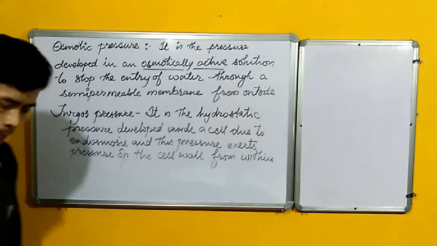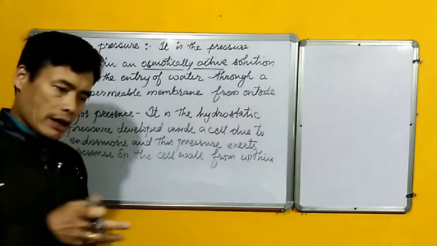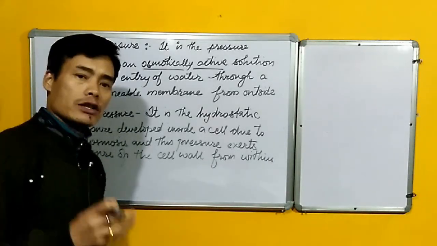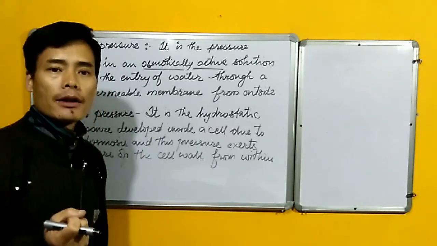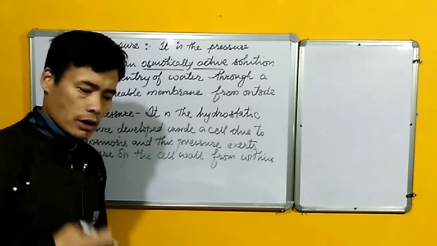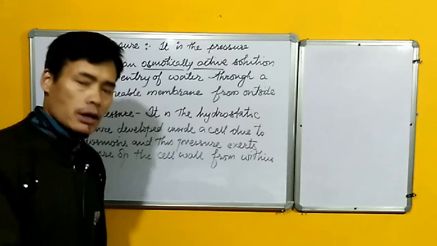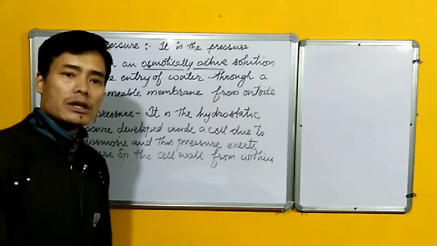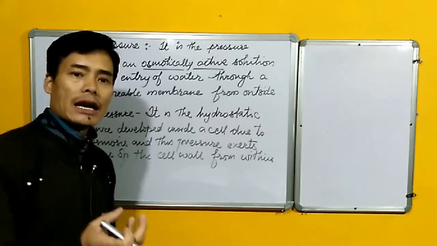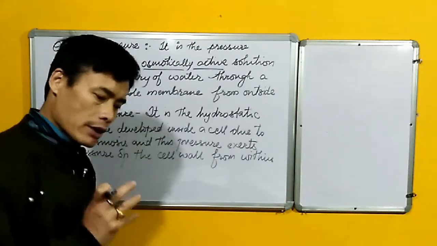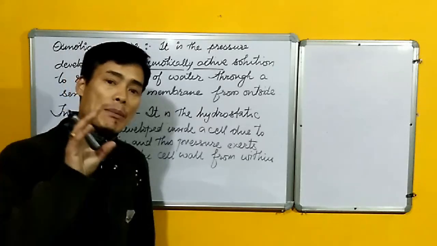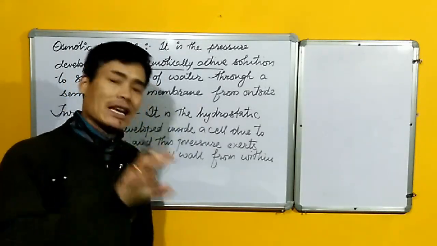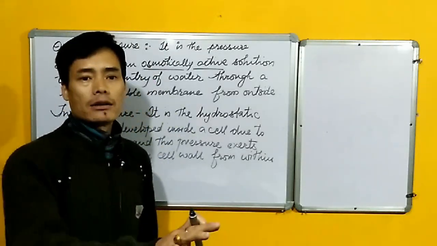It means when water begins to get inside the cell, it slowly begins to accumulate, as a result of which the continual entry of water into the cell generates hydrostatic pressure. This hydrostatic pressure begins to get impinged on the cell wall from inside.